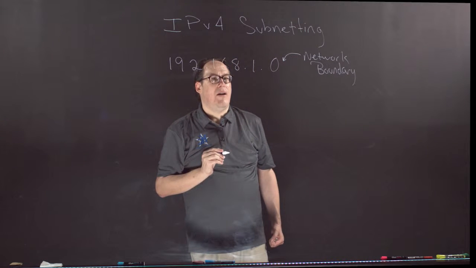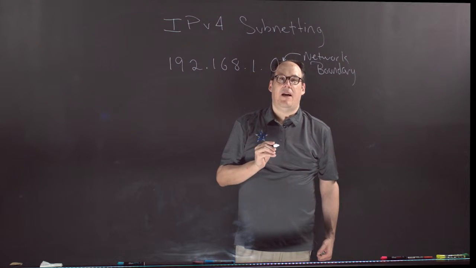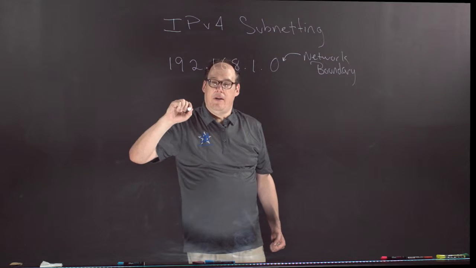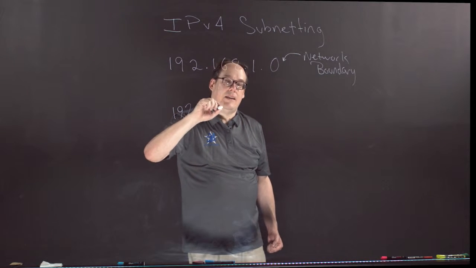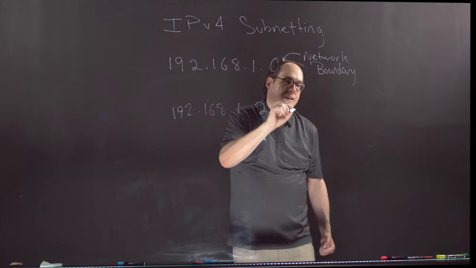So we have 8 bits in which to work, and those 8 bits allow us to go to our other network boundary. In this case, it's the end of the network. It's also called the broadcast address.